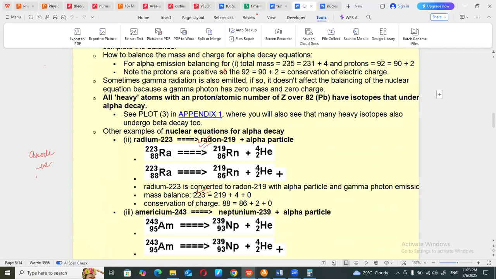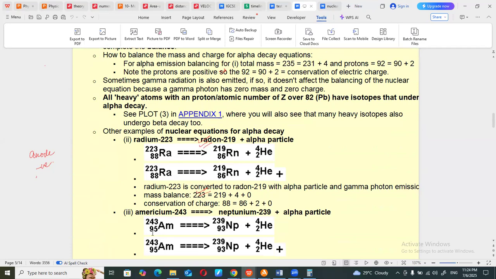Same thing here, radium. Radium 88 is converted into 86. So the proton number is reduced by 2, while 223 is reduced to 219, meaning reduced by 4. So the nucleon number is reduced by 4, while the proton number is reduced by 2, along with the helium nucleus. Same thing with americium.